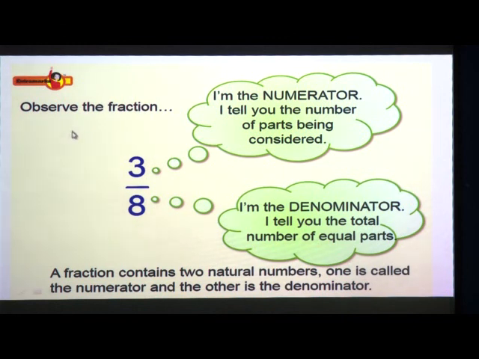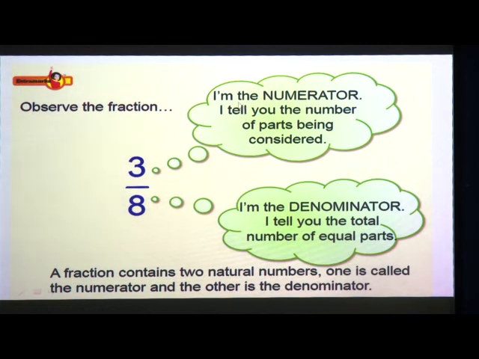Now observe this fraction 3 by 8. So 3, what does it tell? I am the numerator. 3 is the numerator. I tell you the number of parts being considered.